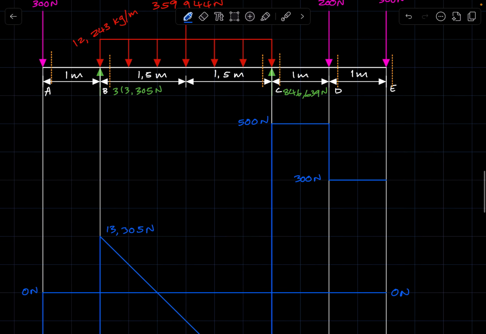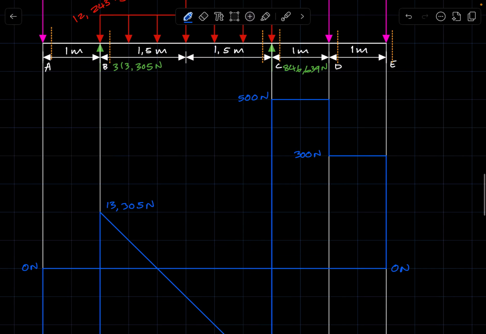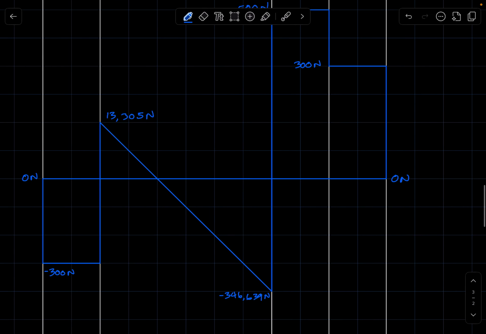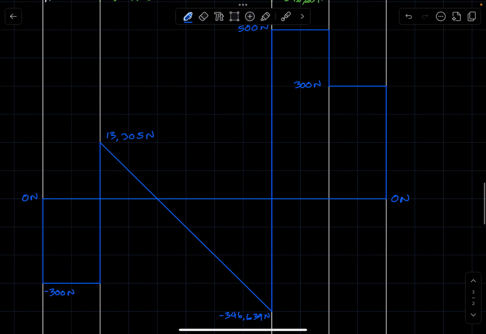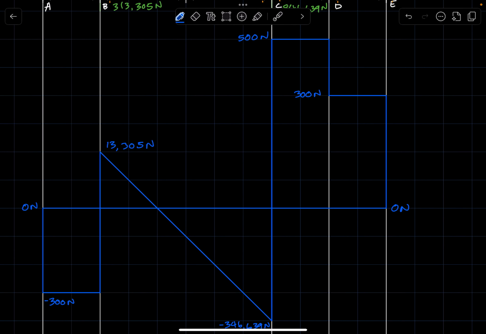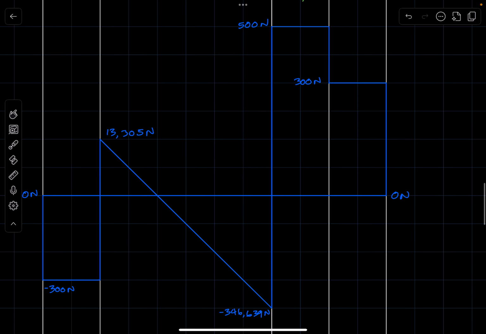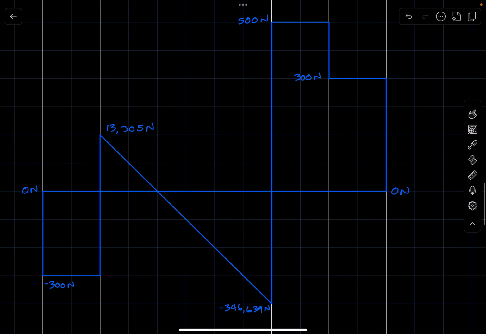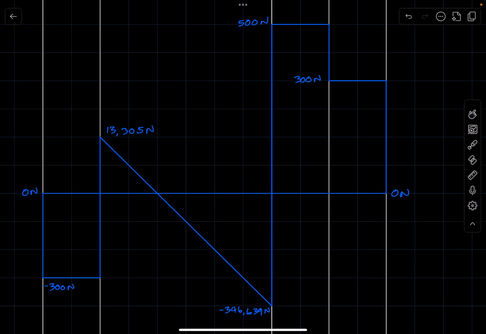You then say the positive 300 minus the 300, which gives us 0, which brings our shear force diagram back to 0. And this becomes your shear force diagram, or it should more or less look like this.